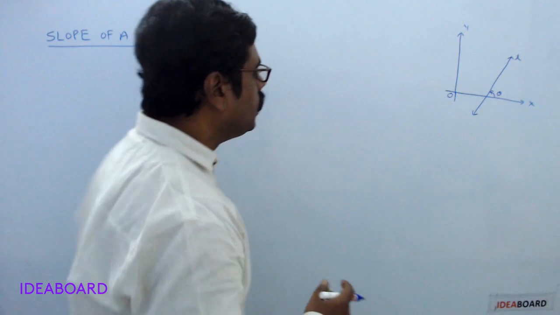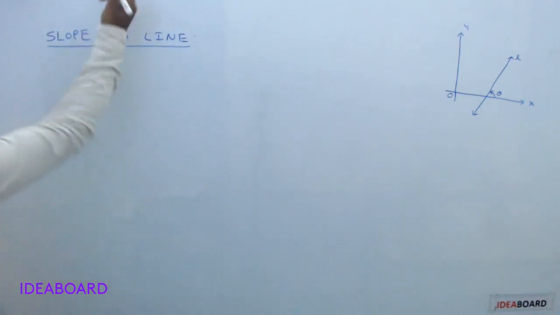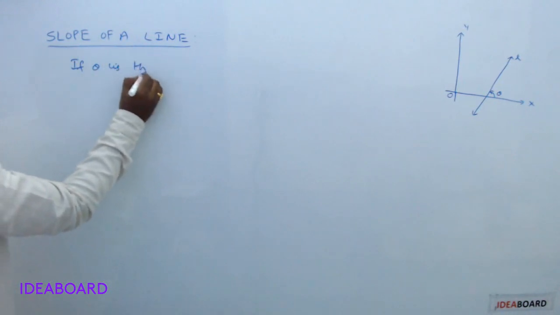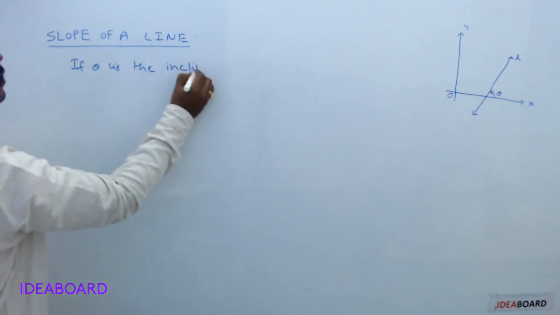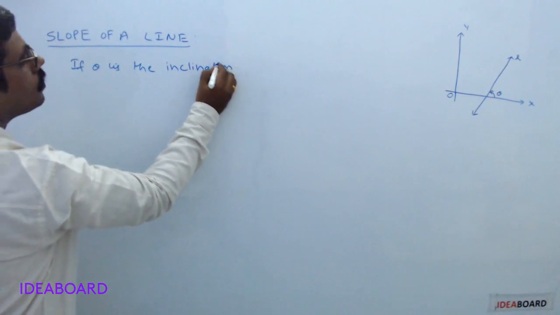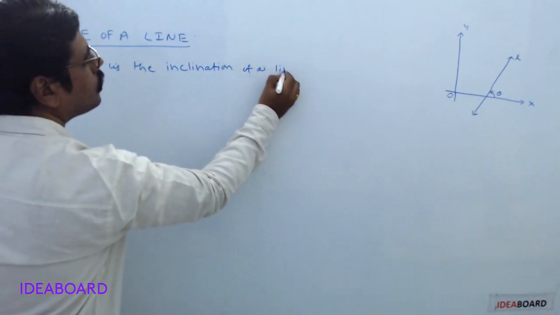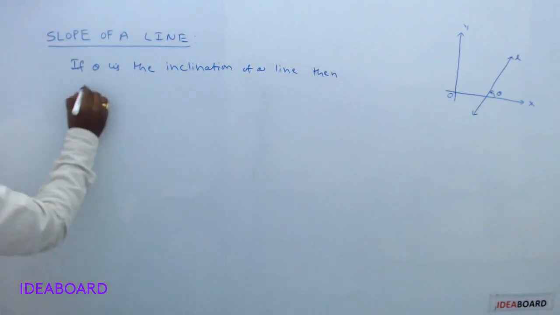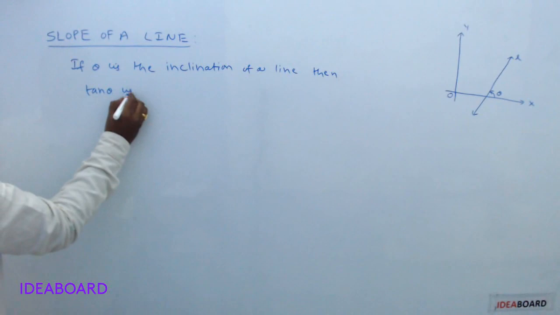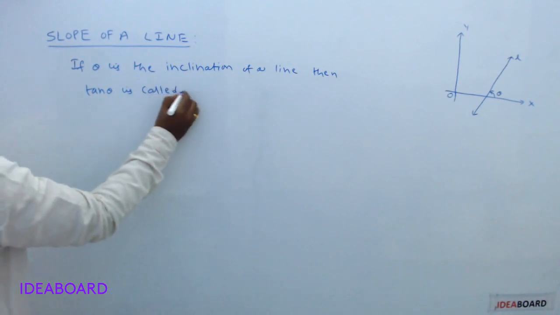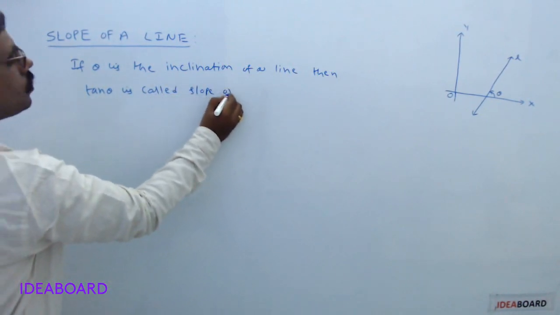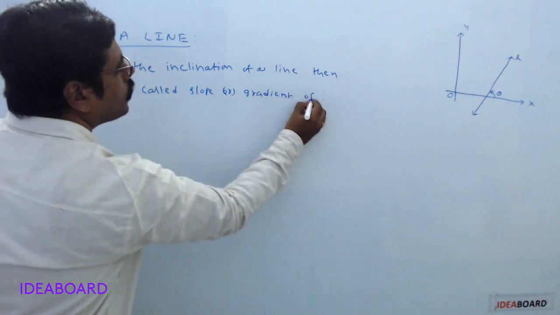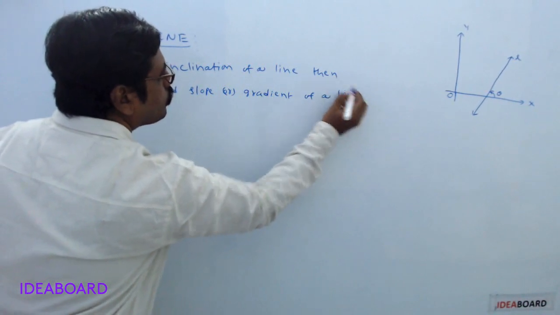First write down the definition. If theta is the inclination of a line, then tan theta is called slope or gradient of a line.